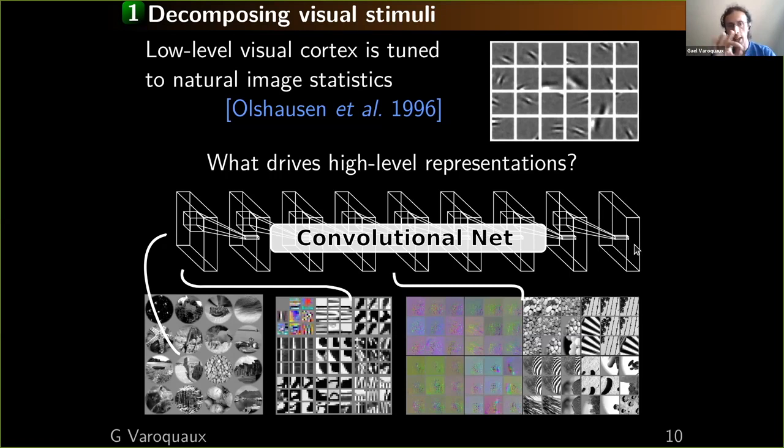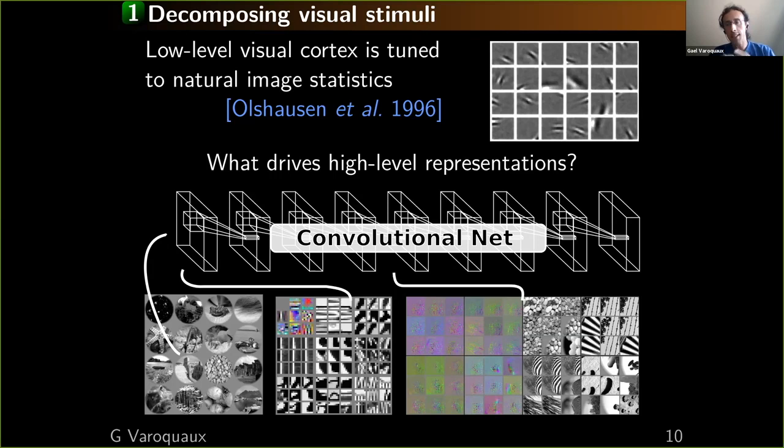So what we're seeing here is that convolutional neural networks, which are tools that are really tuned to best solve object recognition problems on natural images, really extract a hierarchy of representations that are more and more complex. And so these representations are driven by the statistics of the natural images and by the task that we're asking, which is visual object recognition.